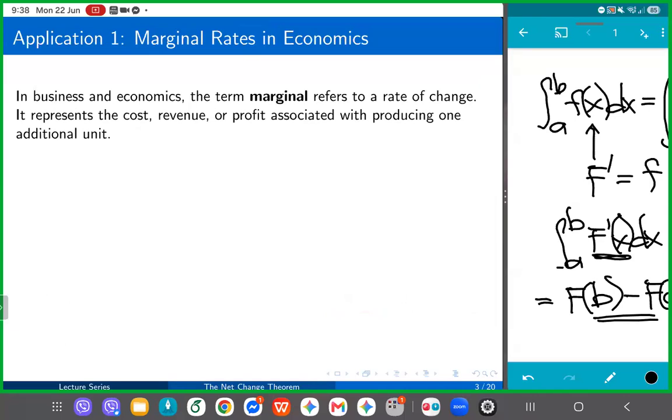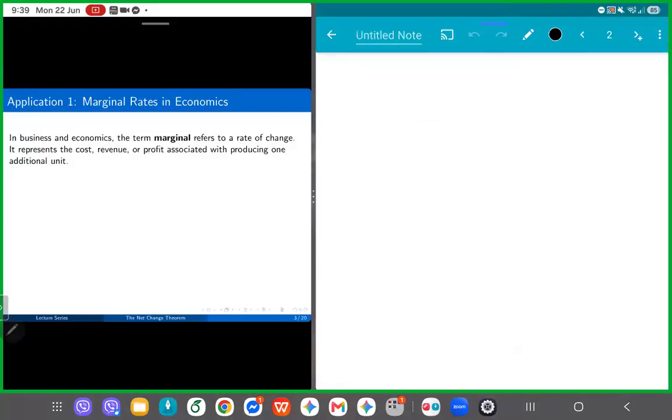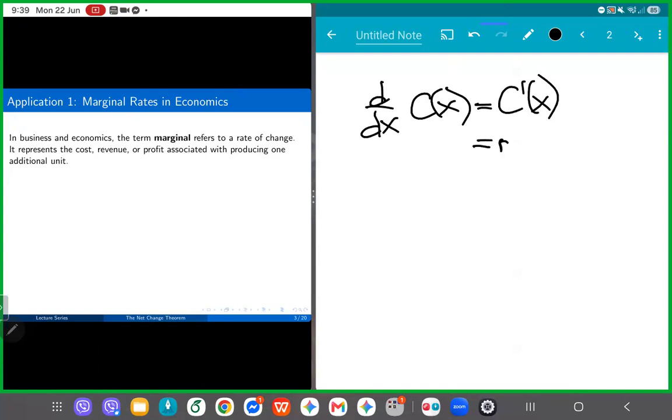So when you differentiate, remember, when you differentiate the cost, which is the derivative of the cost, this one is called in economics the marginal cost, right? So it's just another word for derivative. Instead of using the word derivative in economics, the subject uses the term marginal.